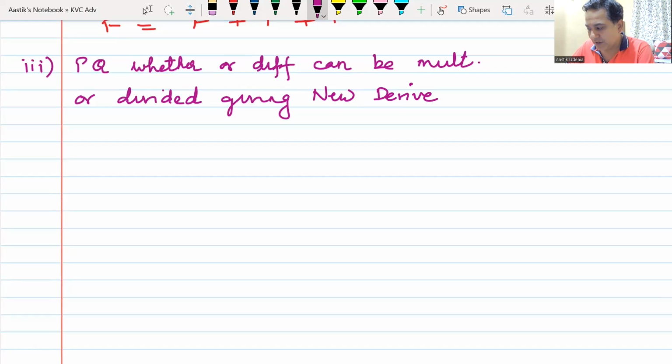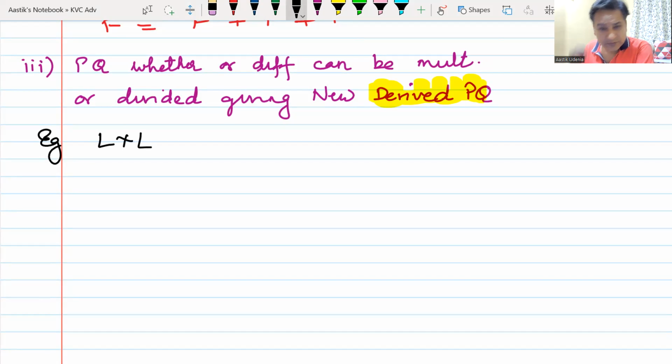So when you multiply or divide two physical quantities, you will get a new derived physical quantity, which is derived from the quantities that you have multiplied. Example: length into length. You have multiplied two lengths, you get area. Yes or no? Yes, sir.